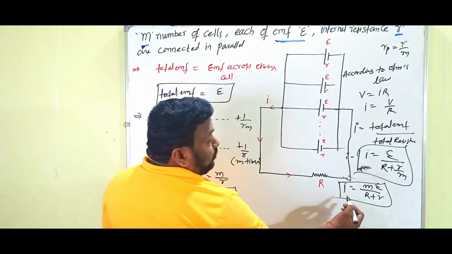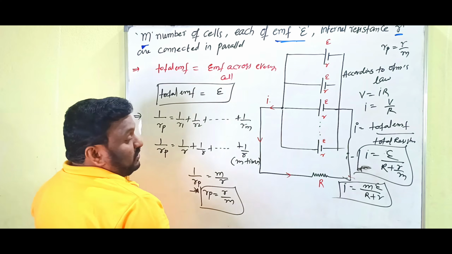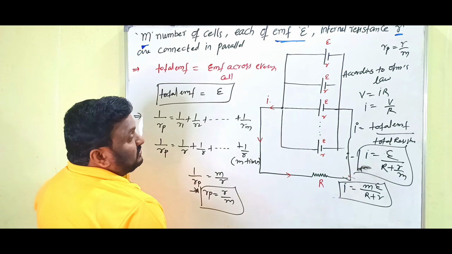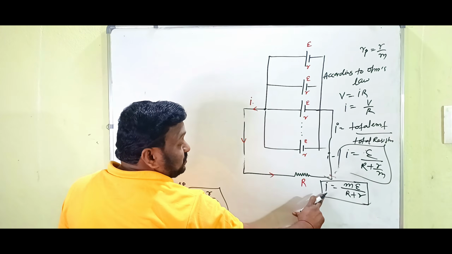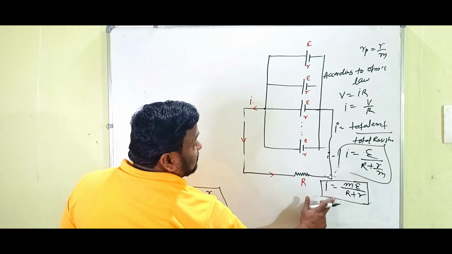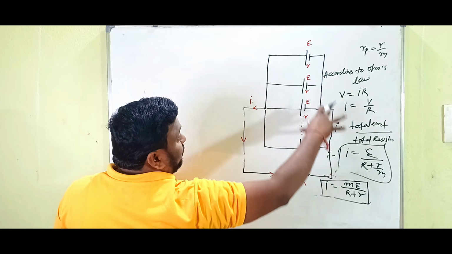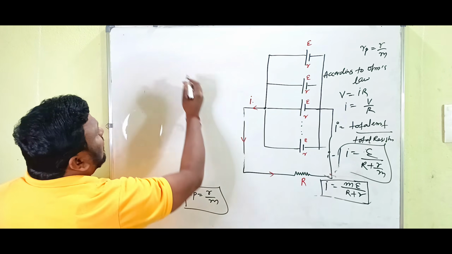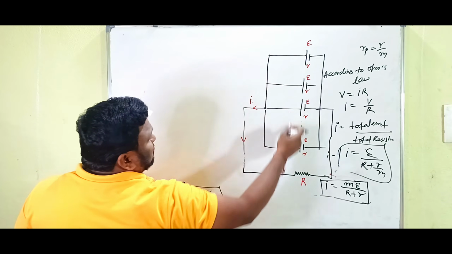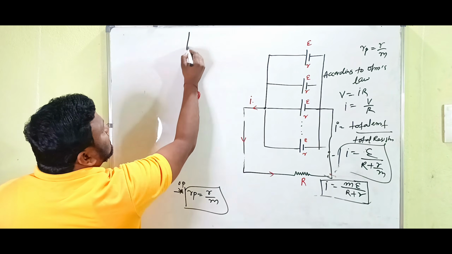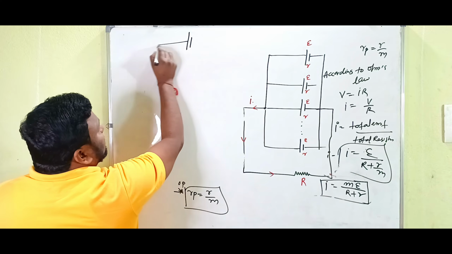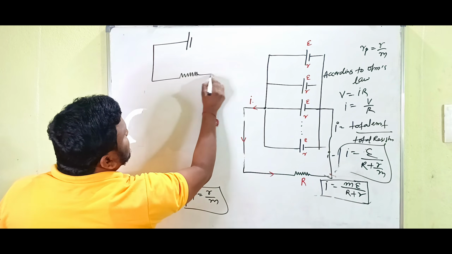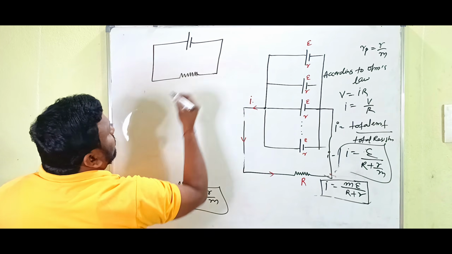Clear? This is the amount of current in the circuit. I is equal to m epsilon by mR plus r, children. This is the amount of current in the parallel combination of the cells. If you want to understand very clearly, I am drawing the effective combination of all these, with the external resistance given here.